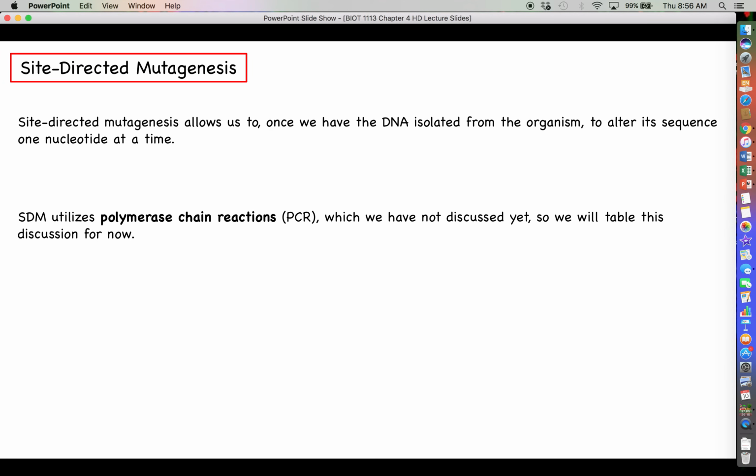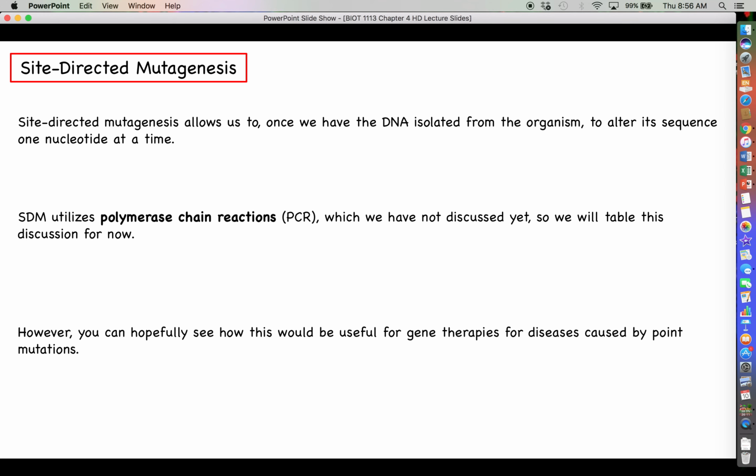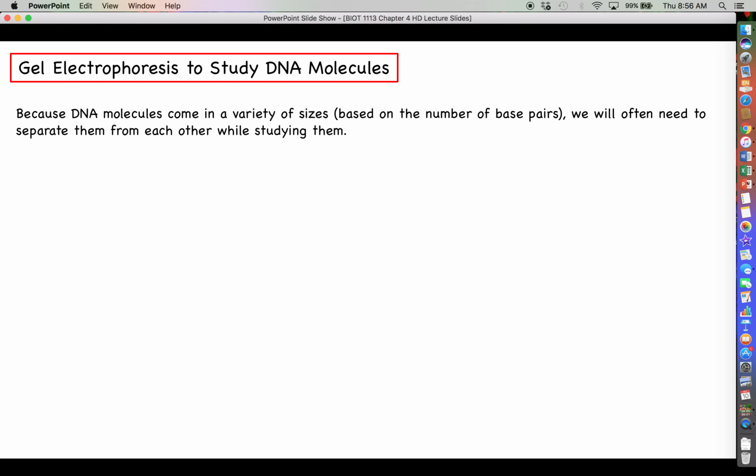So we're going to table this discussion for now, but once we do start talking about PCR, we will be sure to revisit the concept of site-directed mutagenesis. But regardless, hopefully you should be able to appreciate how useful site-directed mutagenesis would be for gene therapies that would treat diseases that are caused by point mutations like we have discussed.